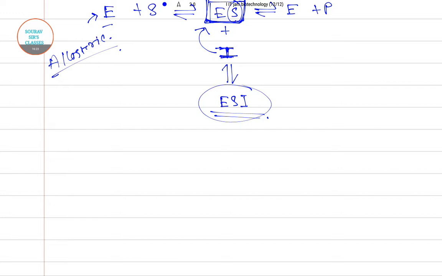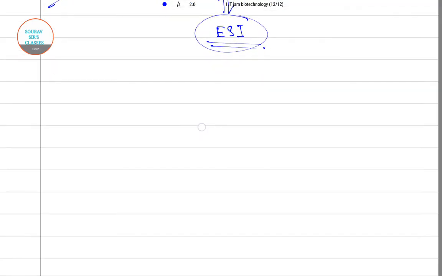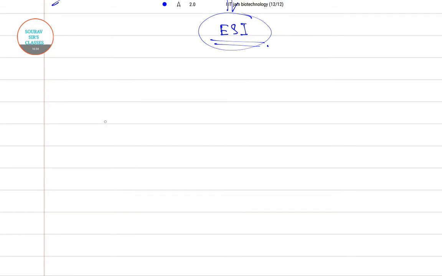Okay, now there is one thing that I haven't told you. I have told you about irreversible inhibition. There is a covalent bond in irreversible inhibition, so there is no coming back to their original formation, their beginning formation.